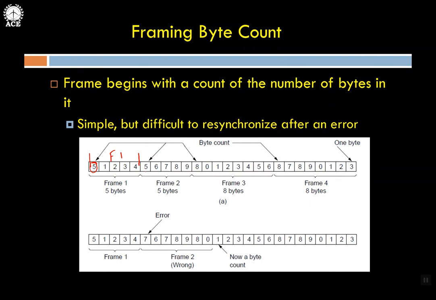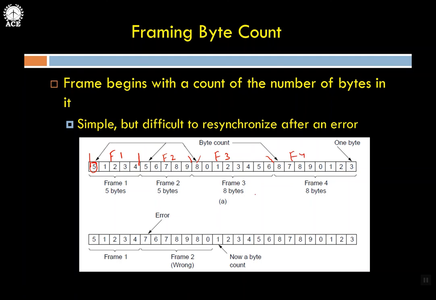Again 5. So starting from here, 1, 2, 3, 4, 5, the second frame. Next, what is the byte count? 8. So starting from here, 8 bytes are used as a frame, the third frame. So 1, 2, 3, 4, 5, 6, 7, 8. This is the third frame. And like that, this is another 8, this is the fourth frame. So that's how we distinguish frames with byte count.